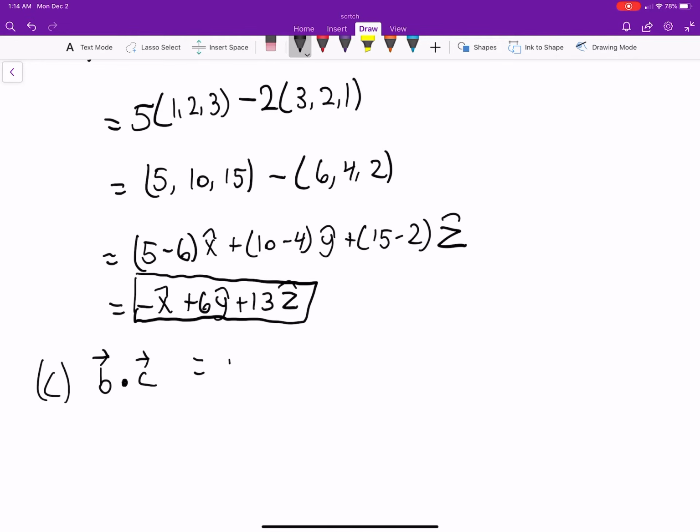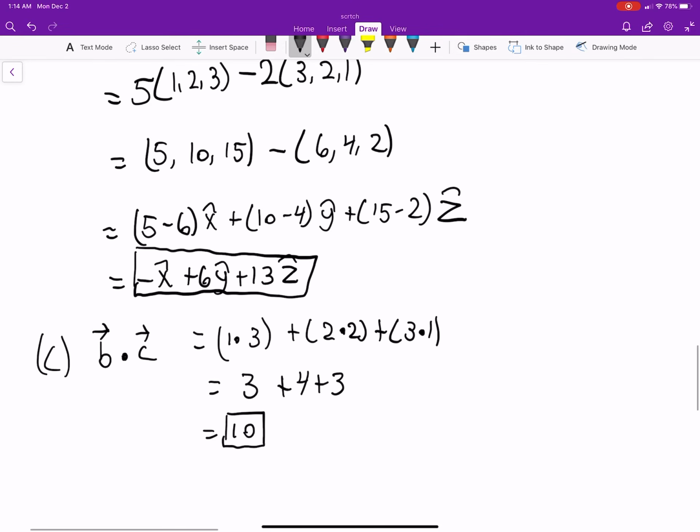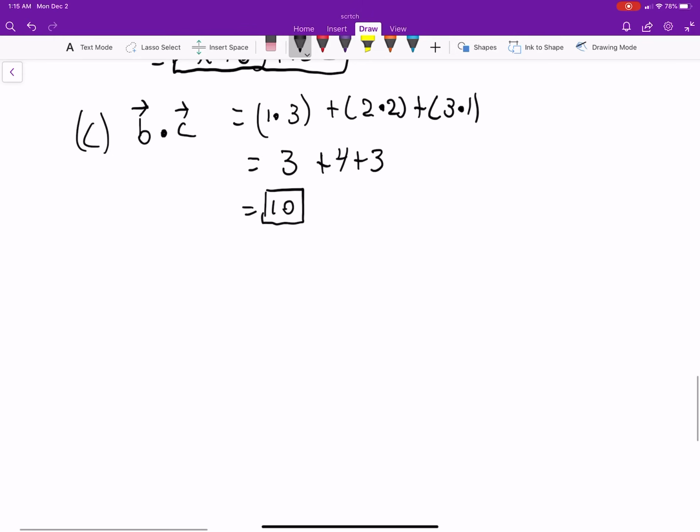So our x component is 1 times 3 plus 2 times 2 plus 3 times 1. 1 times 3 is 3. 2 times 2 is 4. So let's see, what is that, 10? And this is the dot product, which is a scalar, not a vector. That's one of the differences between the cross product and the dot product.